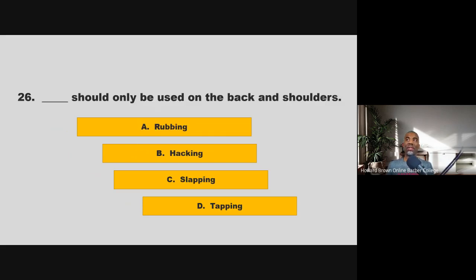Blanks should only be used on the back and shoulders. Is it rubbing, hacking, slapping, or tapping? If you chose B, hacking, you are correct.